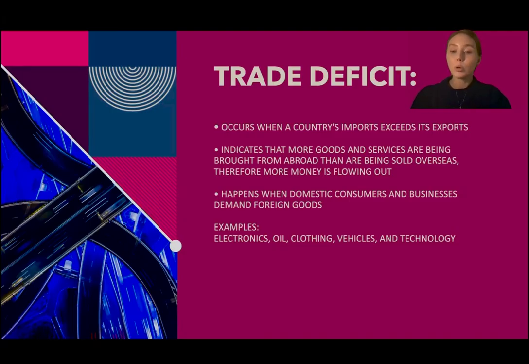They imported things like electronics, oil, cars, and clothing from countries like China, Japan, and Germany, while exporting airplanes, technology, and farm goods. I'll get into a better example later in another slide.